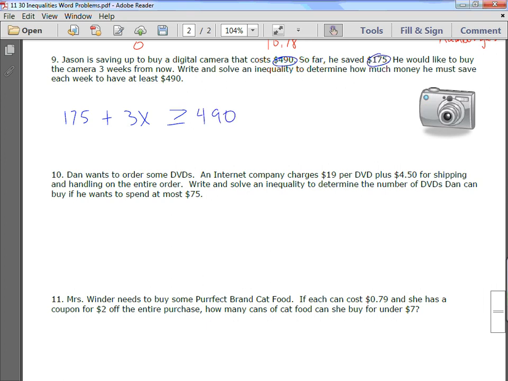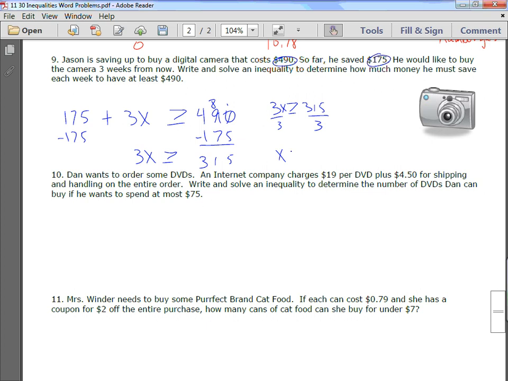So I'm going to subtract 175 from each side. That leaves me with 3x is greater than or equal to 315. Divide both sides by 3. X is equal to 105.